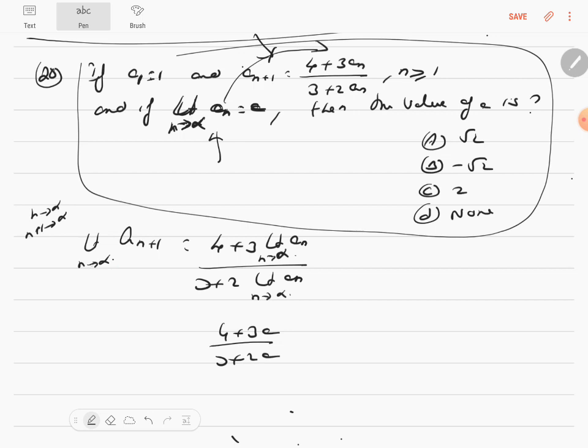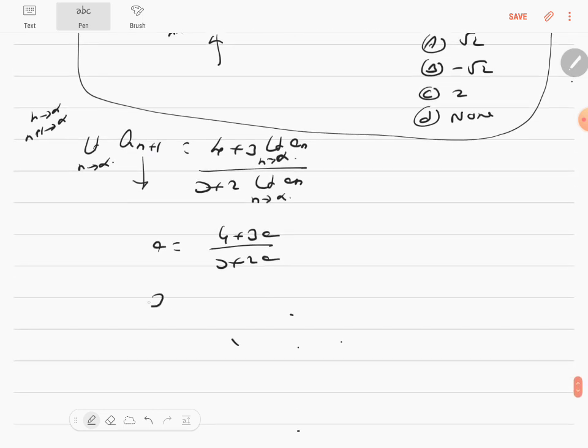And if n is tending to infinity, n plus 1 will also tend to infinity, and therefore this can also be treated as simply a. And so cross multiplying, 3a plus 2a square is equal to 4 plus 3a. 3a gets cancelled, a square is equal to 4 by 2. So a is equal to plus or minus root 2.